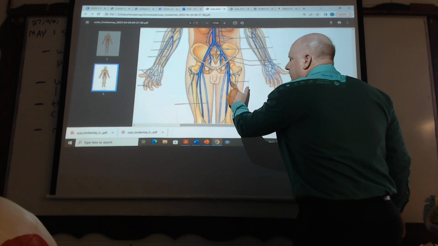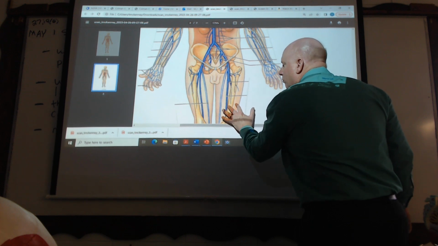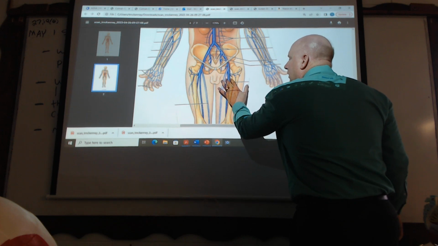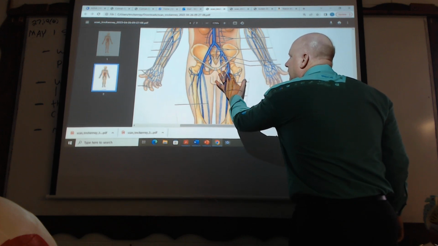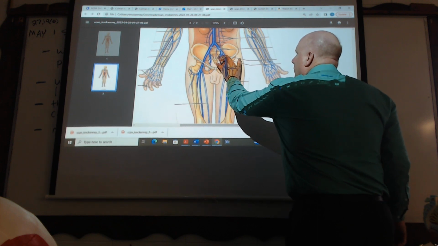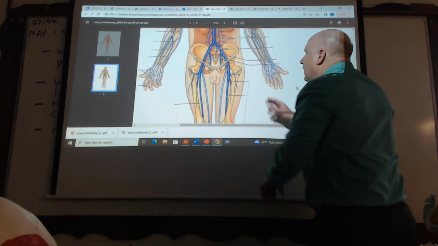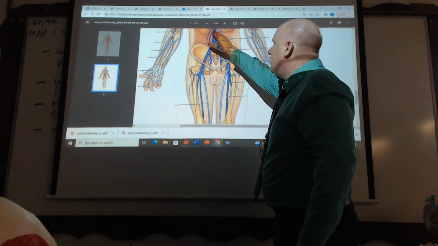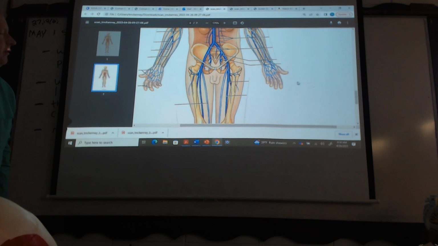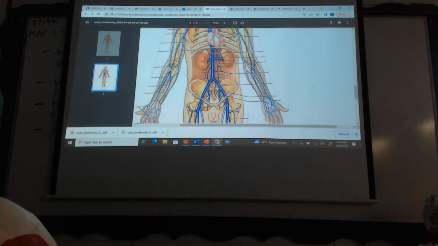And then this one, okay. So both of them, once they come together into the external iliac right here, and then this is the iliac, come together to the common iliac, then to the inferior vena cava, and then all the way up to the cranium, or back to the heart, not the cranium.